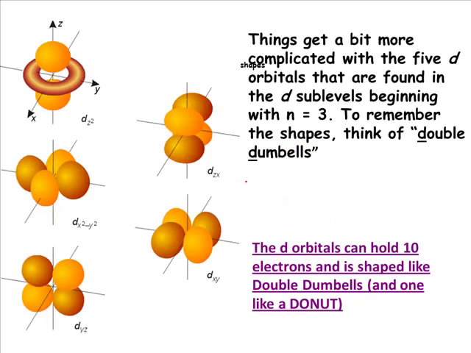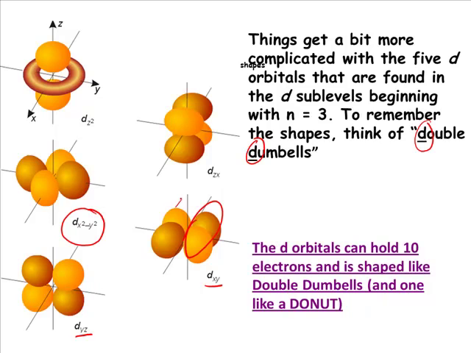Then things get a little complicated when we get to the d orbitals. You can have 5 different d orbitals, and they run along 2 different axes, so dxy is more complicated, then dyz, then you get these really fancy ones. We're not going to make you say what kind of orientations there are, but note that the d orbital stands for a double dumbbell.